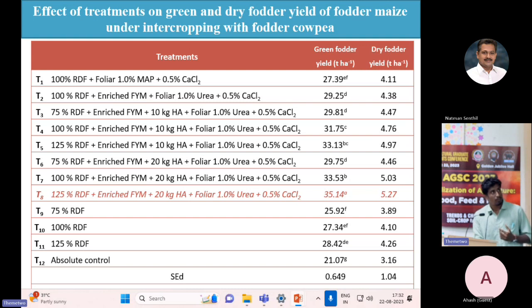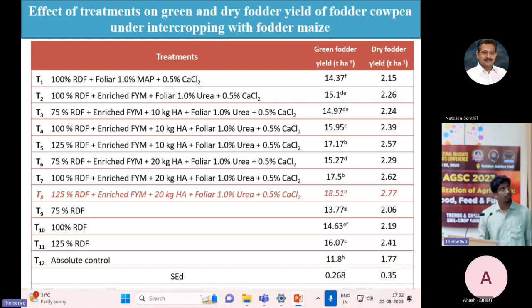It is followed by the T7 treatment, that is 100% of RDF, and the other treatments. Compared with the control treatment, it improves the yield by about 30%.